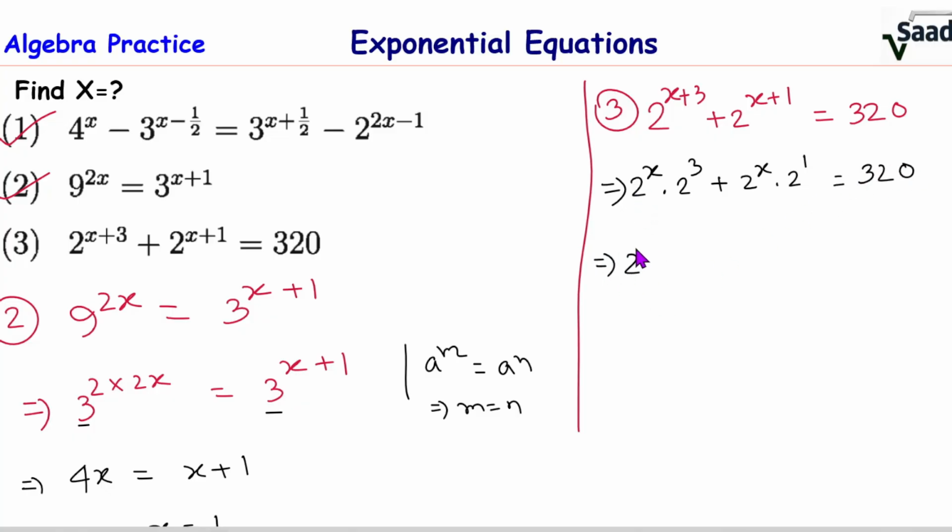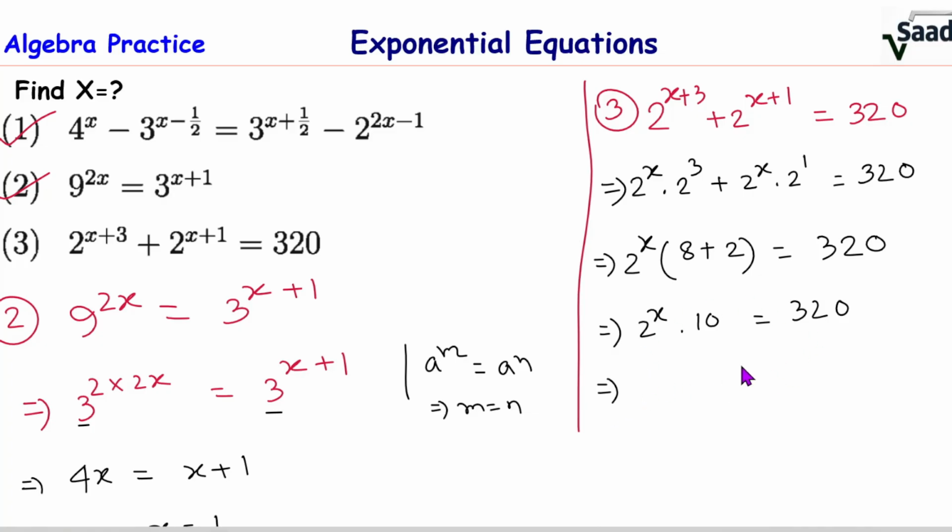Now we can take common 2 to the power x. So here is 2 to the power 3 means 8 plus 2 to the power 1 means 2, and here is 320.